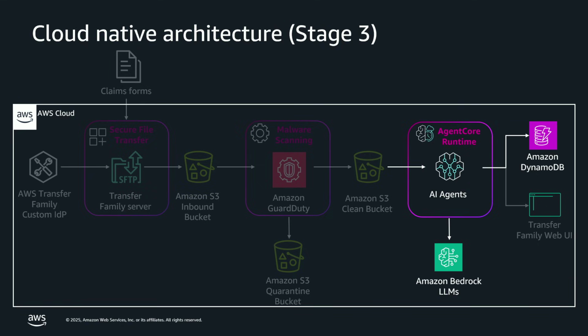Moving on, this is where we are seeing a major transformation in how organizations are modernizing file processing. We're going to be using AI agents to replace some of the manual processing. We're going to be using Amazon Bedrock AgentCore to orchestrate all our agents.